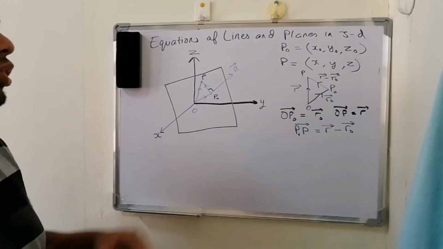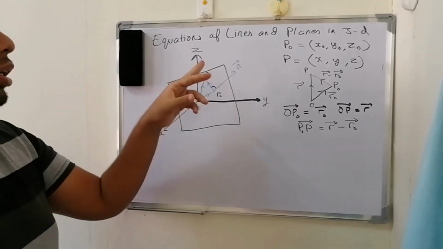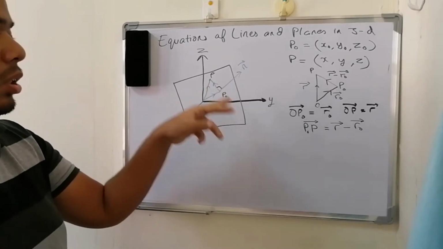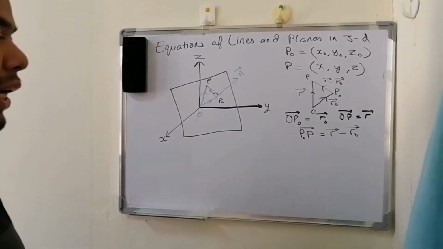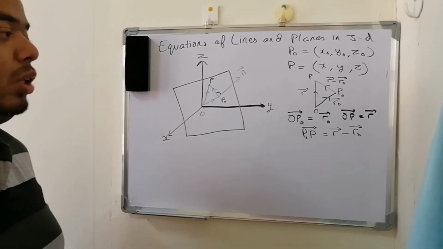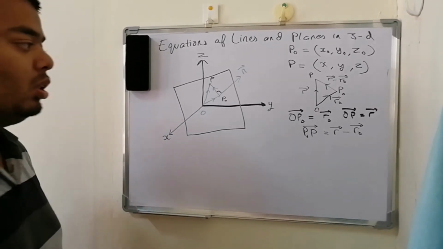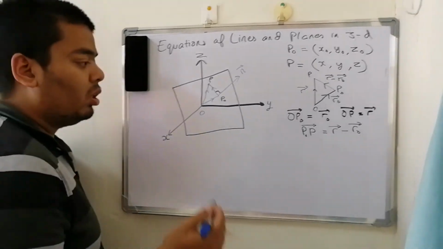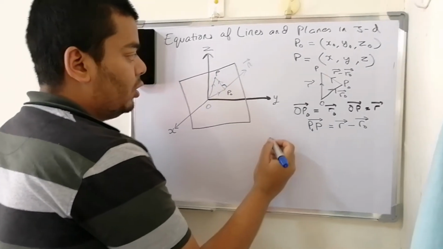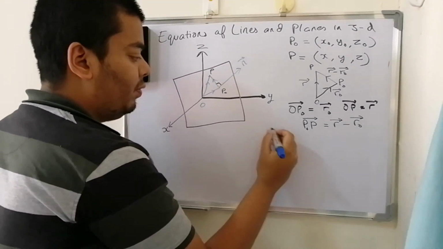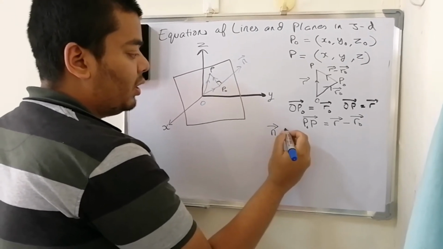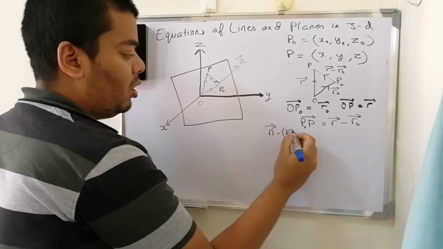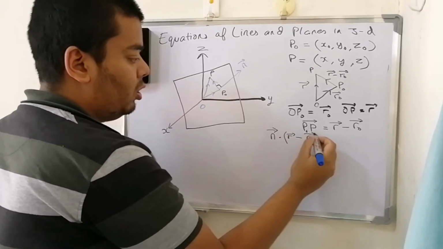We said that the vector n is perpendicular to the vector P naught P. That means perpendicular to this vector. When any vectors are perpendicular to each other, their dot product is 0. Why is their dot product 0? Let's find out. For example, we have the vector n dot R minus R naught.